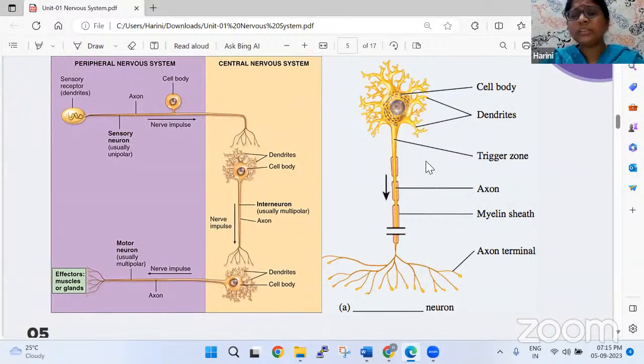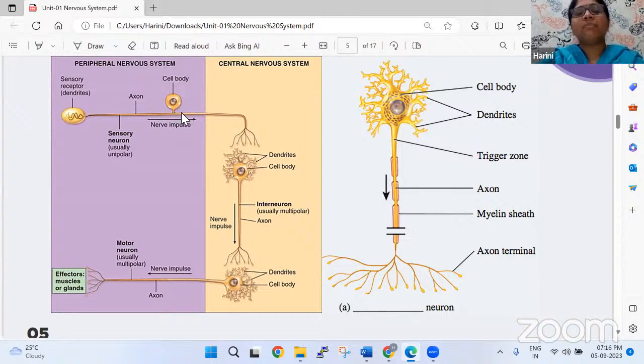Okay, so this is the basic neuron structure. And if you see how it integrates, right? If you can see on the left side of the slide, where you have the sensory receptors, the dendrites mainly sense the information through the receptors and carry the information through neurotransmitters through the axon.